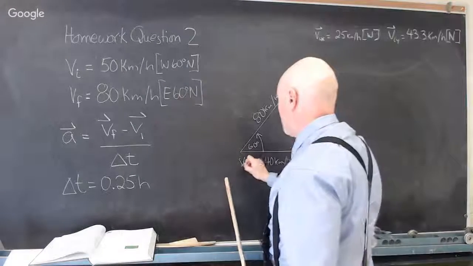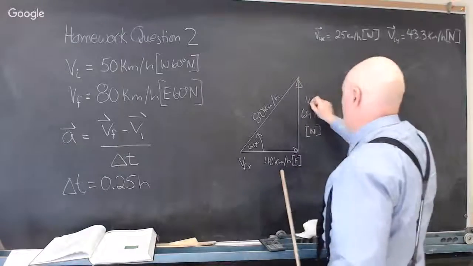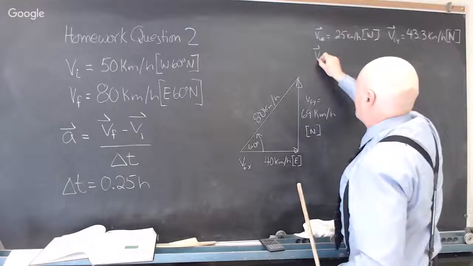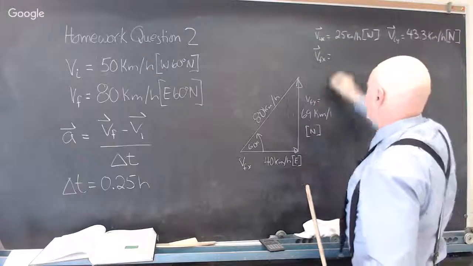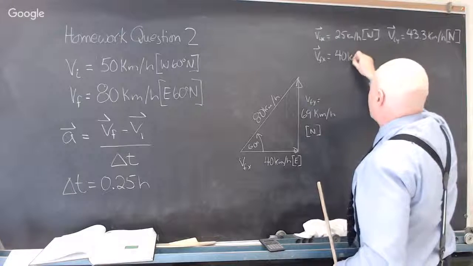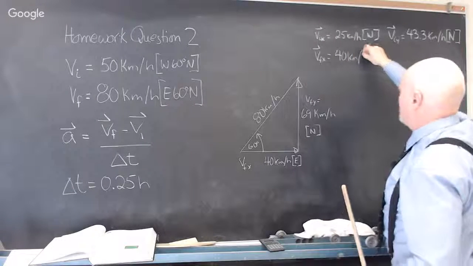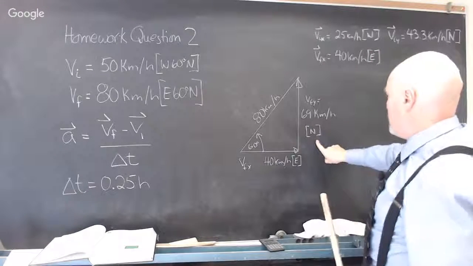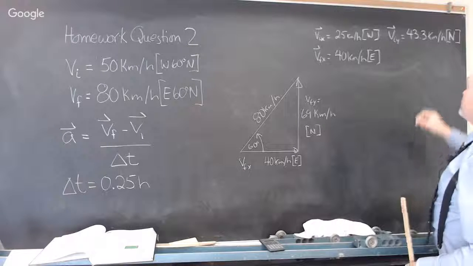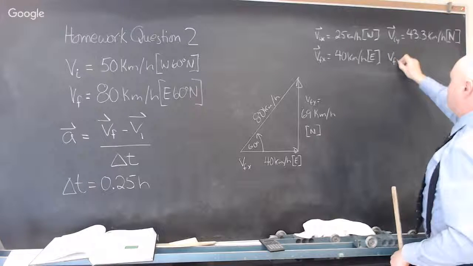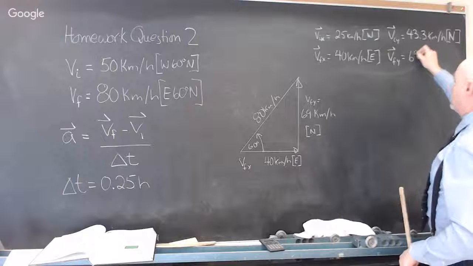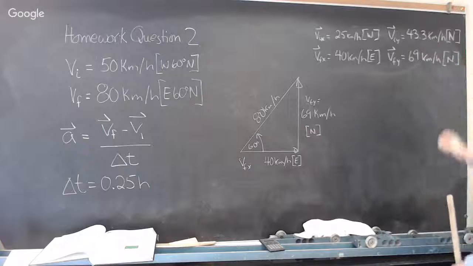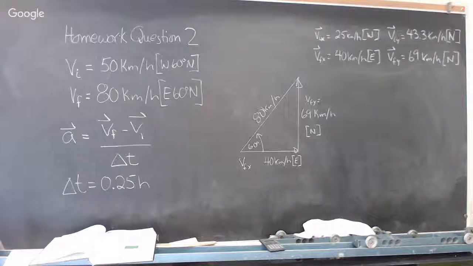Okay, so this is VFx, and this is VFy here. So VFx is 40 kilometers per hour east, and VFy is 69 kilometers per hour north.